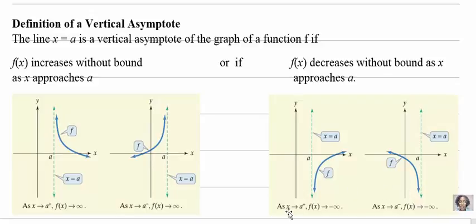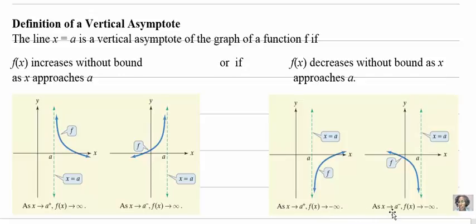And so another way to say what I'm seeing in this picture, as x goes to a from the right, so notice we use a plus sign as a superscript or exponent, that's how you would read this: f of x goes to negative infinity.